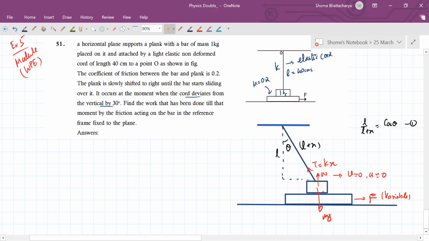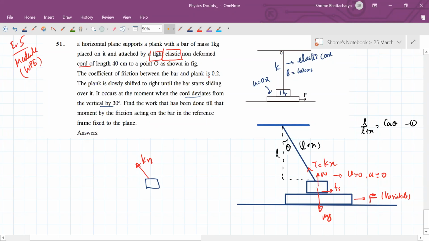What is happening here is static friction is acting on this block. So if you look at the block's free body diagram, there is kx. Why did we take the tension like a spring? Because it's given to us as an elastic and light cord.